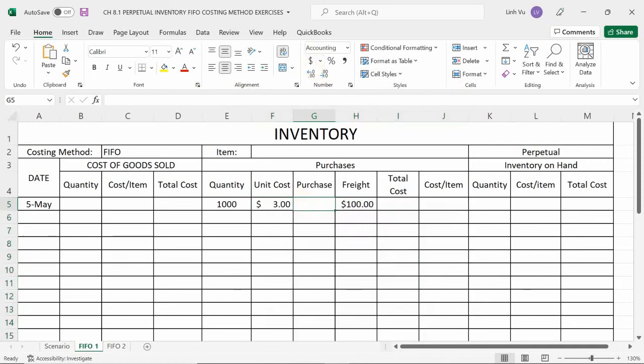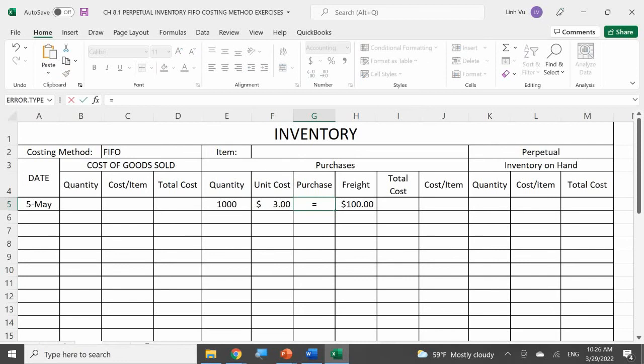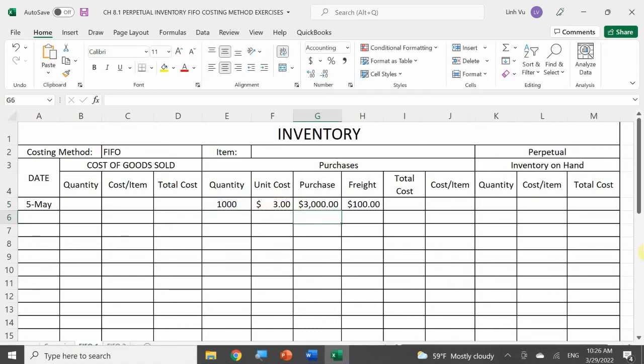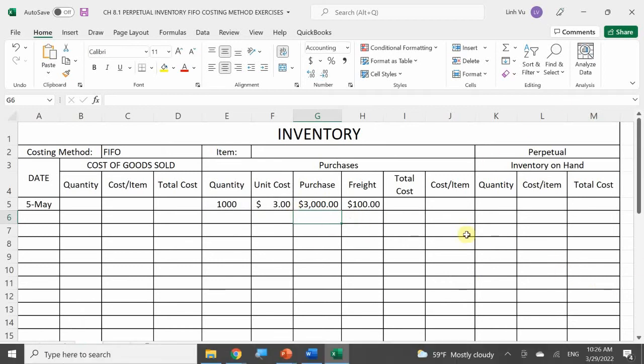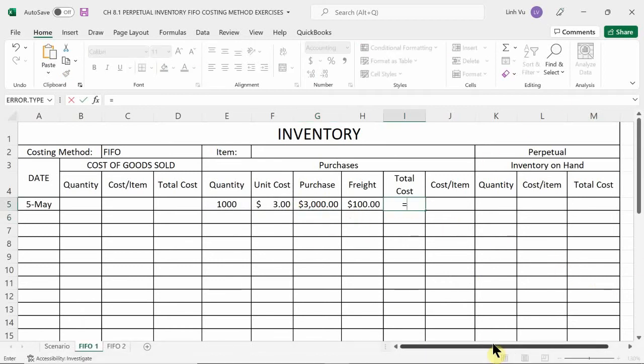So in this case, what is my purchase price? If I bought 1,000 items at $3 each, $3,000, plus 100 is going to give me a total cost of $3,100.